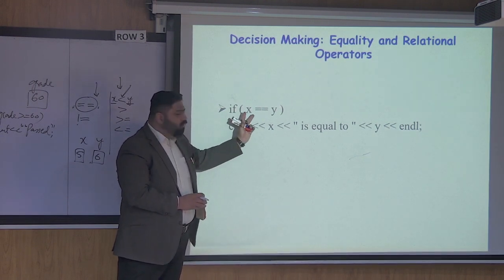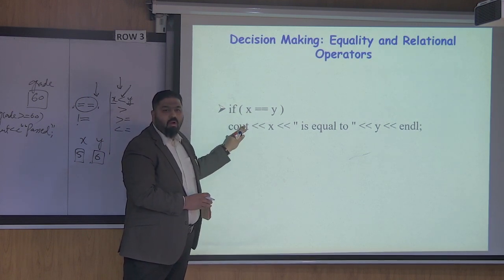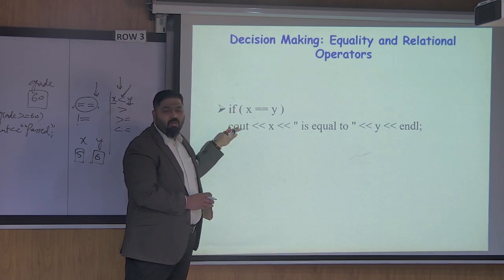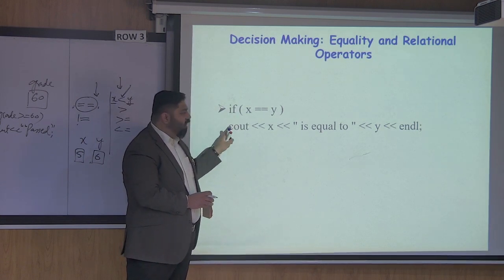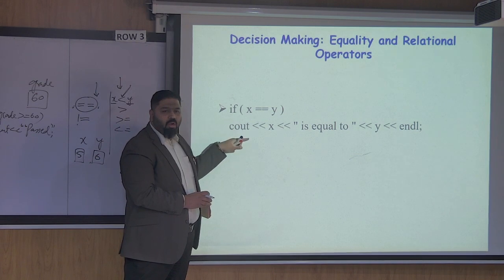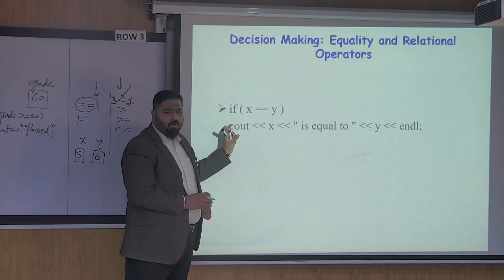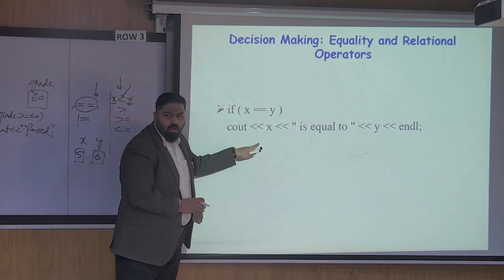If the condition is true, this will be executed. If the condition is false, this will not be executed. Anything which is immediately after the if structure is the body of if. We have to understand that the immediate next statement in line is the body of if, and it will only be executed if the condition becomes true. So the condition is false, what will happen? It will be skipped. We will move to the next instruction in line.